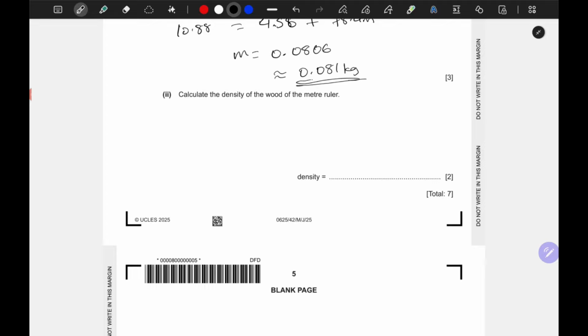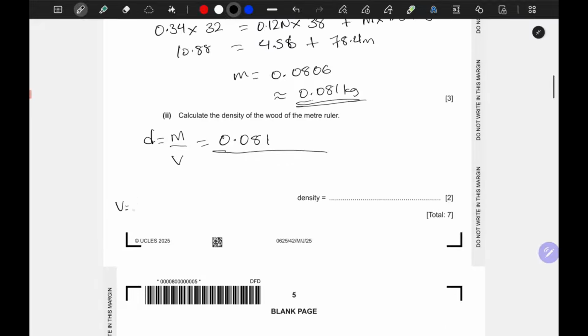Part 2. Calculate the density of the wood of the meter ruler. Okay, what do we know? We know that density is mass over volume, and the mass is 0.081. Now the volume. We don't have the volume, so we have to find it.